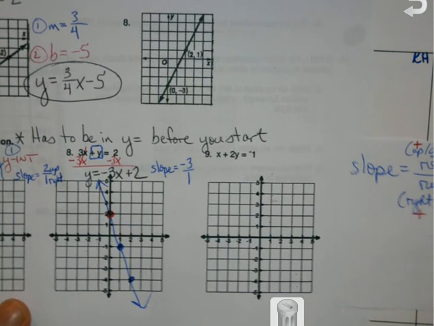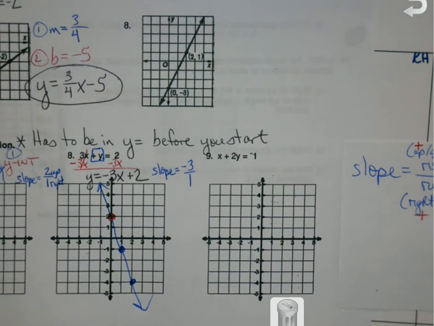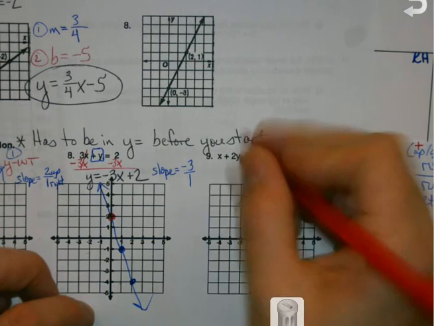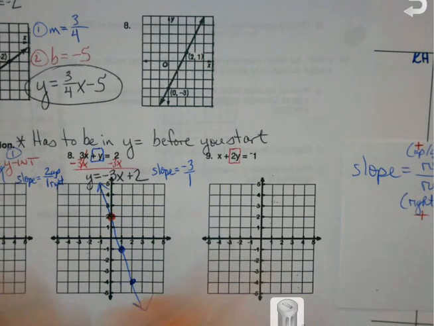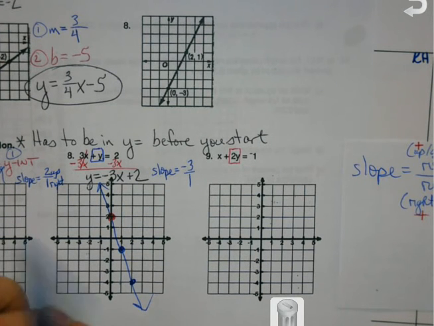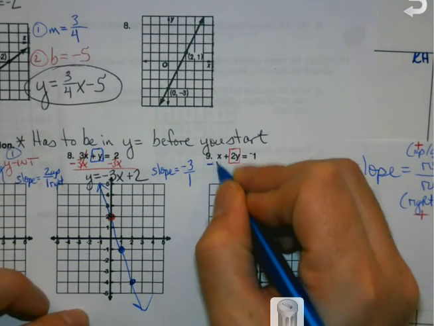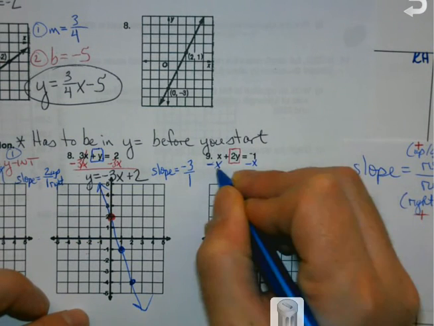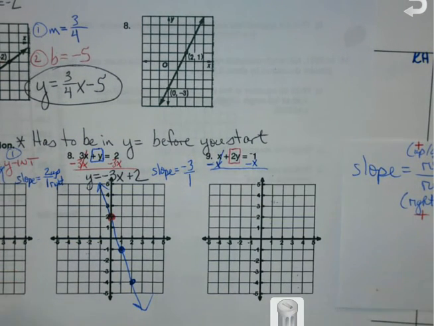All right, let's get one more solved for y here. Kind of goes along with what you guys were talking about yesterday a little bit. All right, I need to get the y by itself. How do I get the x out of there? What's the opposite of adding x? Subtract. Okay, now this one we're going to need to take up some space here.